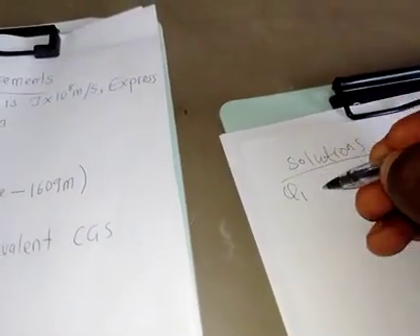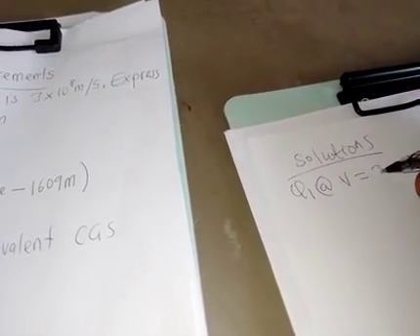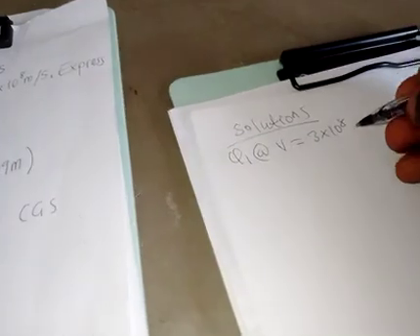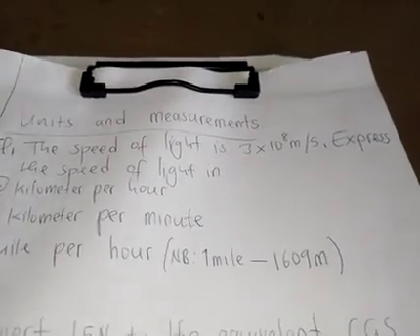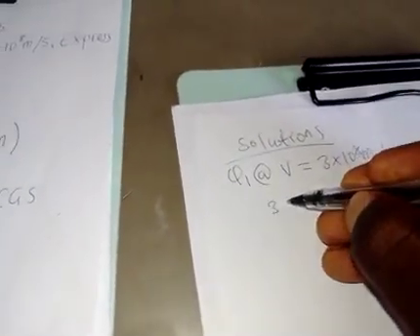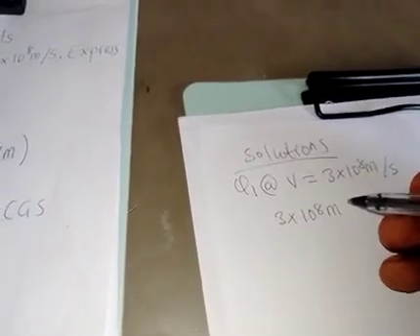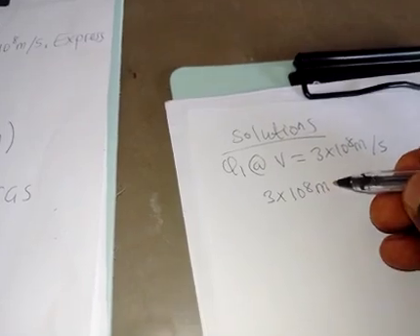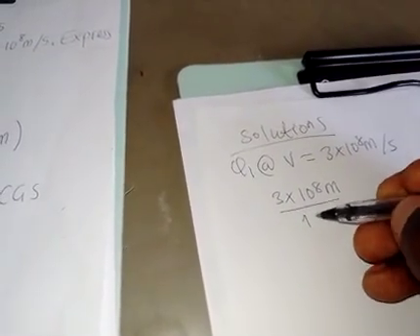Let's solve these questions. So question 1A, we have been given the speed of light, which is 3 times 10 to the power 8 meters per second. So this speed of light should be converted to what? Kilometer per hour. So you simply get what you have been given. 3 times 10 to the power 8 meters, over 1 second.